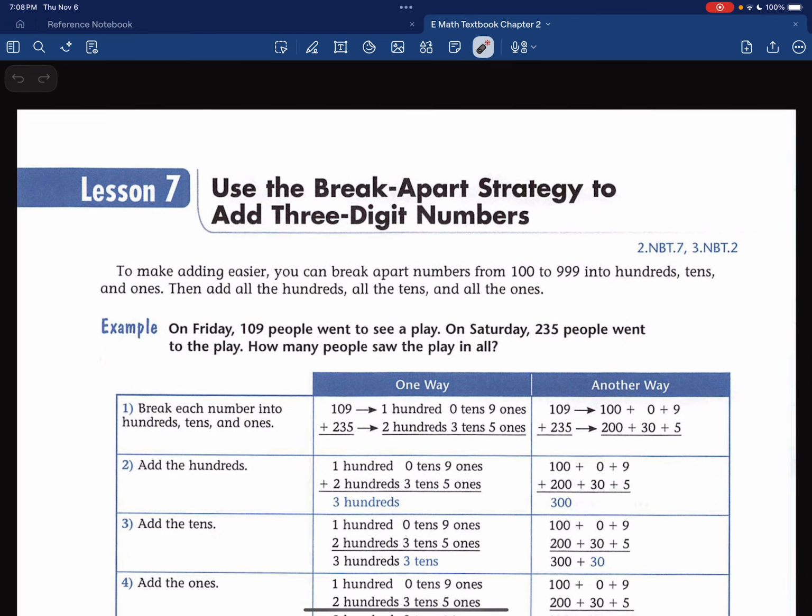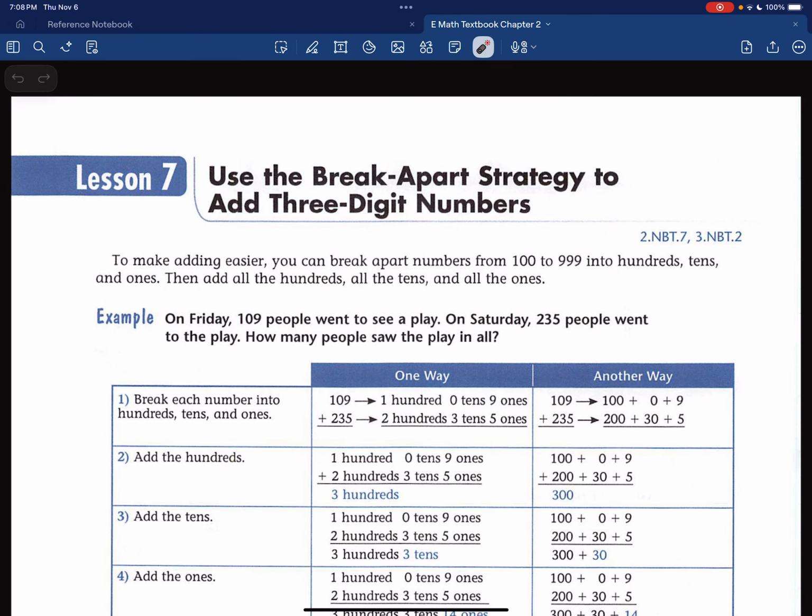Lesson 7. Use the break apart strategy to add 3-digit numbers. To make adding easier, you can break apart numbers from 100 to 999 into hundreds. Remember, we call those flats.